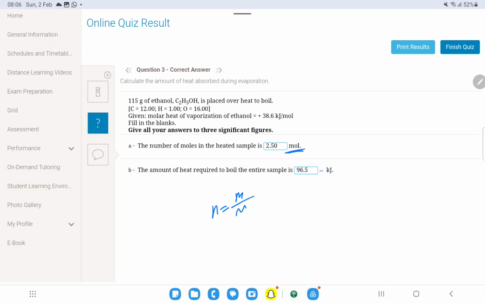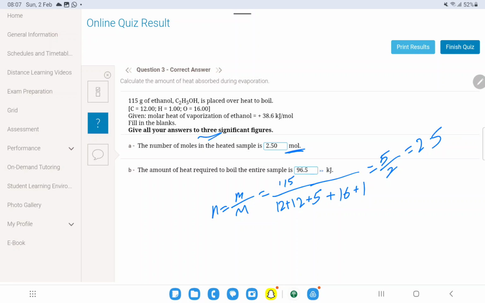So n equals m over M. The mass is 115 over C2 12 plus 12, H5 plus 5, plus O 16, plus H again 5, and you put it in the calculator. Put it in my calculator, you get 5 over 2 or 2.5.